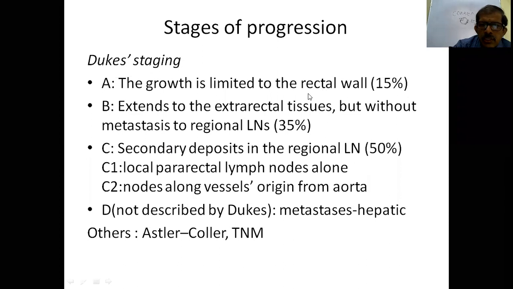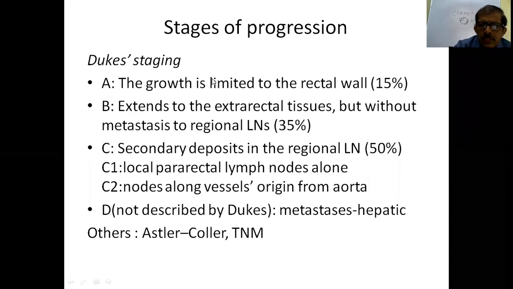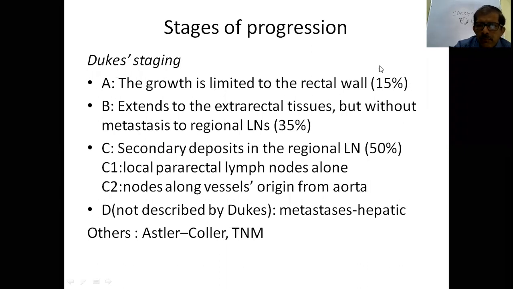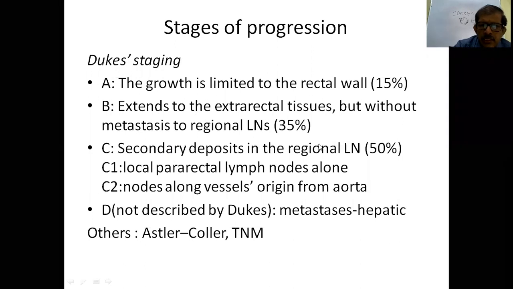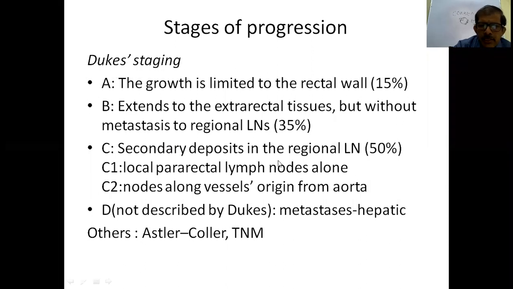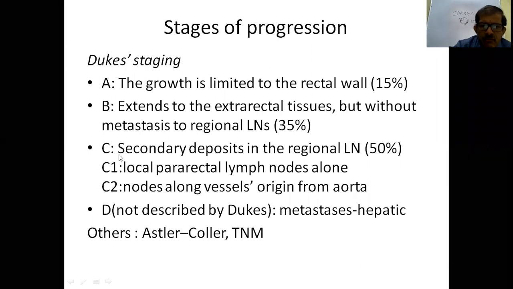The relative incidences are that it is very rare for us to detect Dukes A stage, only 15%. Dukes B is only 35%. Usually half of the carcinoma rectum cases we see once there is spread to the regional lymph nodes. The local pararectal lymph nodes are C1, just like N1, whereas C2 is along the vessels and then even the para-aortic lymph nodes also.